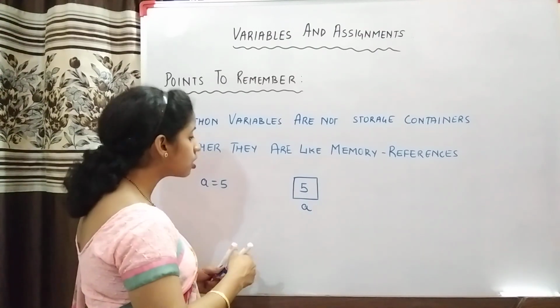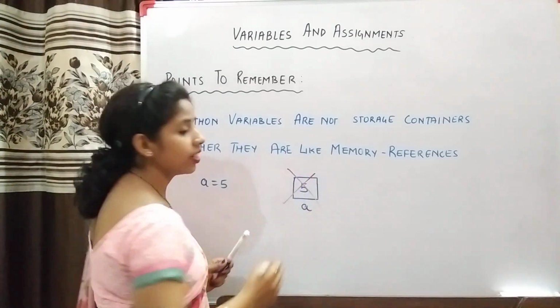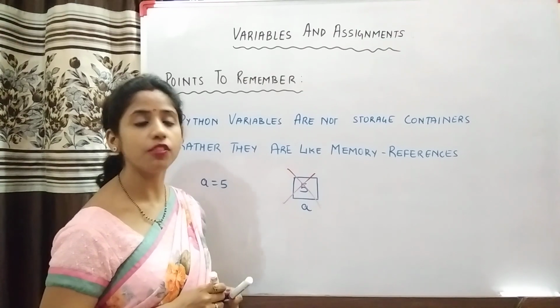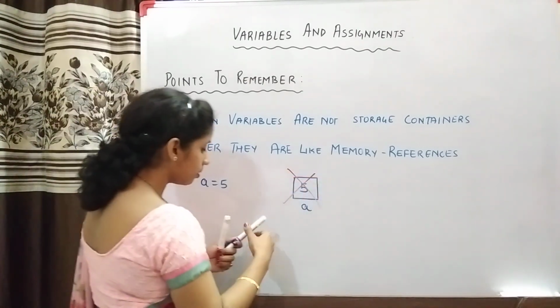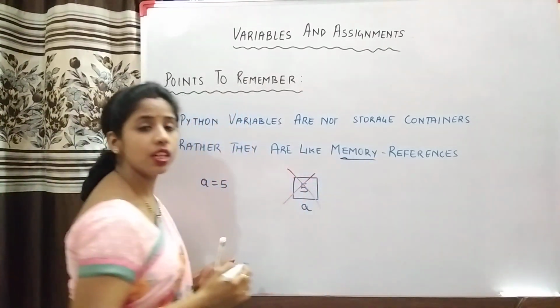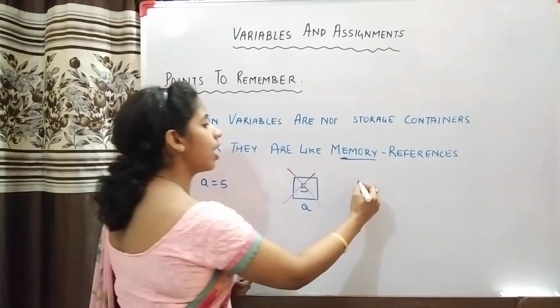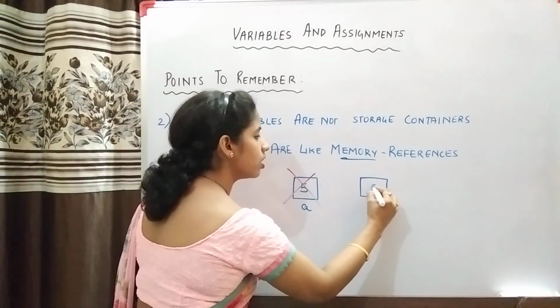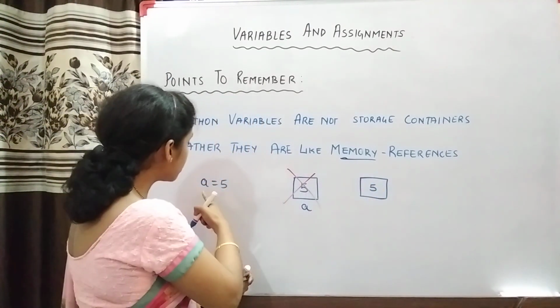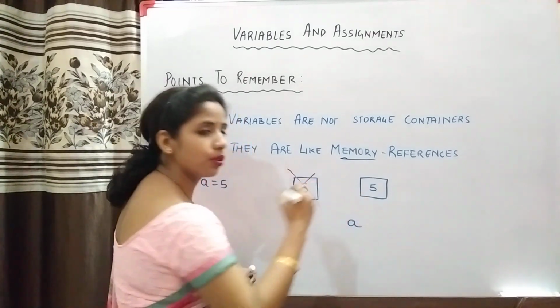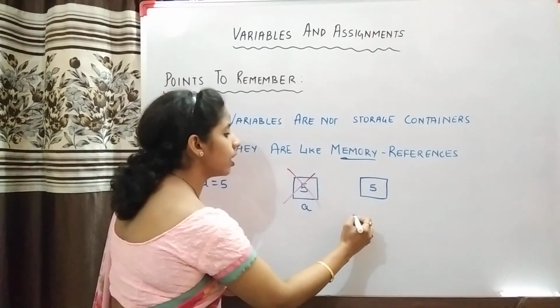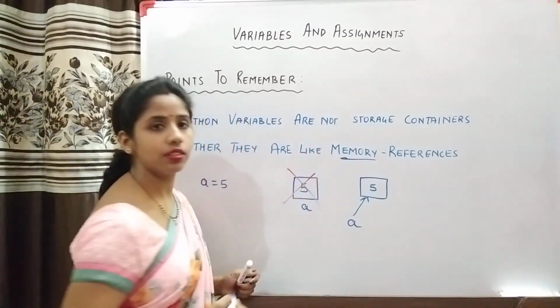But this is not the case with a Python variable. What happens in the case of a Python variable? They are like memory references. This means that you will have a memory location where this value 5 will be stored, and this a will be at some other location, and a will be pointing to this location.